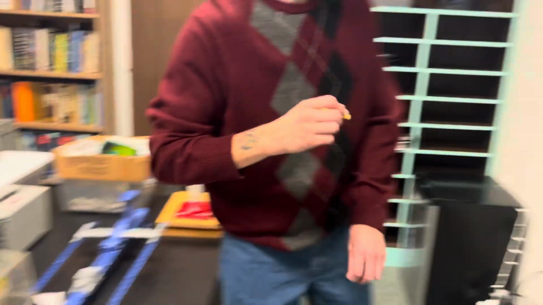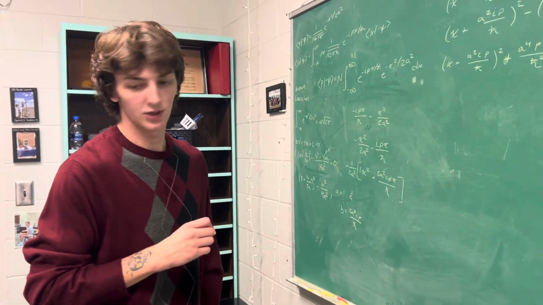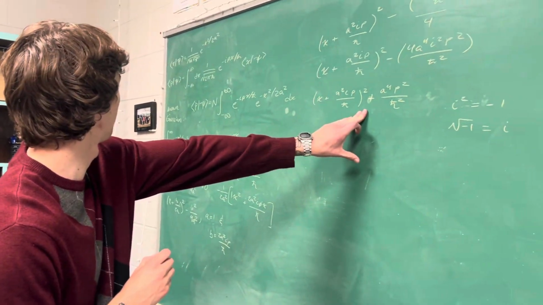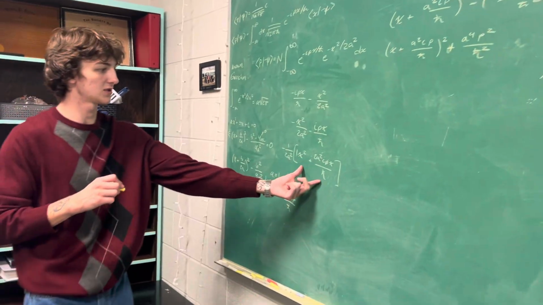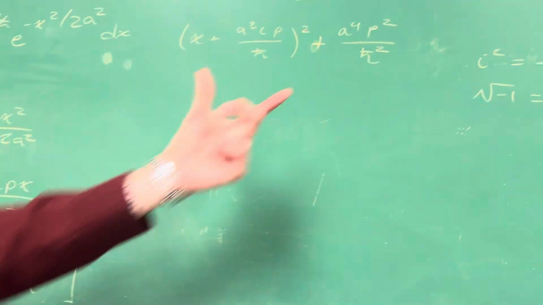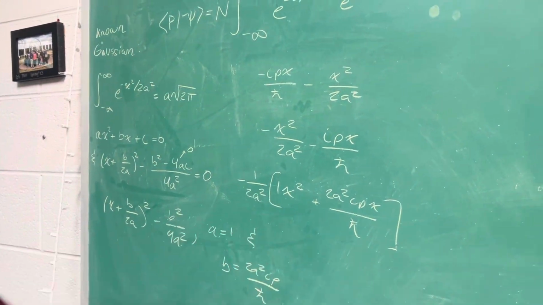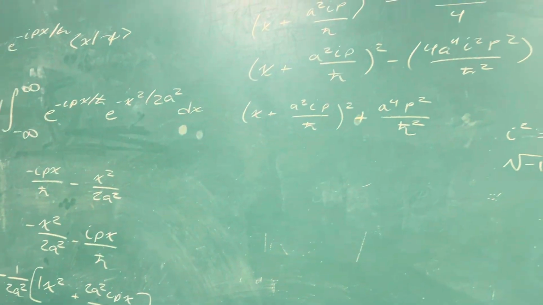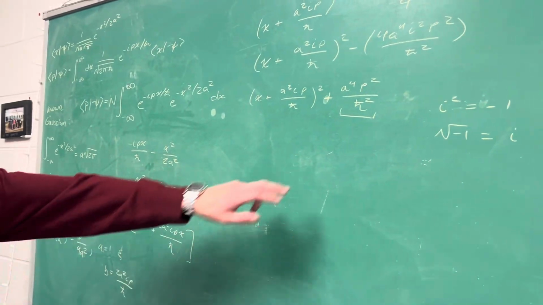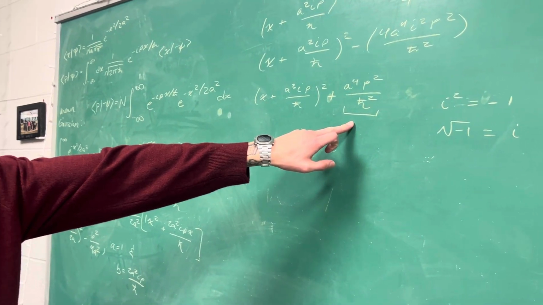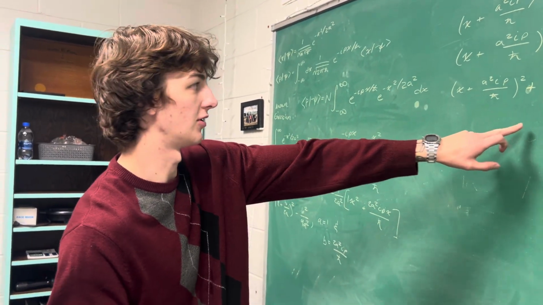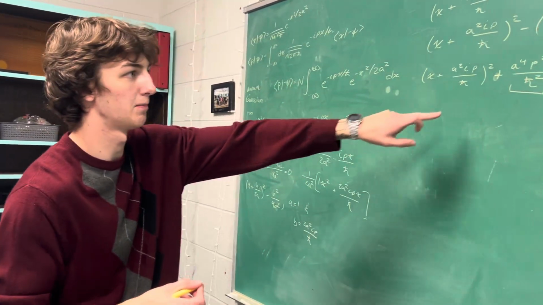Yes, that's correct. And so what you're going to notice is we can just plug this form back into this. We've expanded this term here into this term, and now we're just going to factor that constant back in that we took out. And so we'll go ahead and take care of this one first, because if you'll notice, this term no longer has an x in it, and so we can treat it as a constant in our integrand, because our integrand is with respect to x, not p.